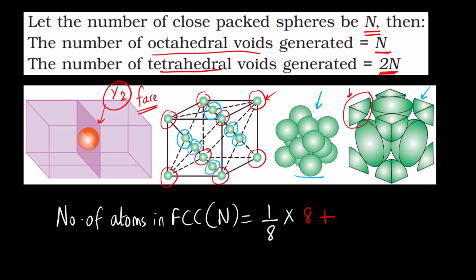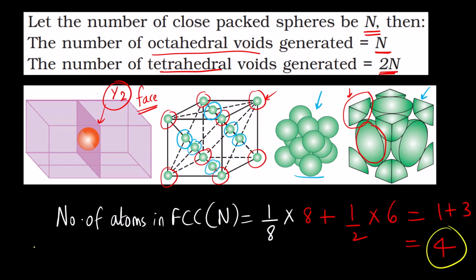Plus, half a sphere is present at each face, so 1 by 2 into 6 faces. So 1 by 8 into 8 is 1, plus 6 divided by 2 is 3. So the total number of atoms present in an FCC unit cell is 4.